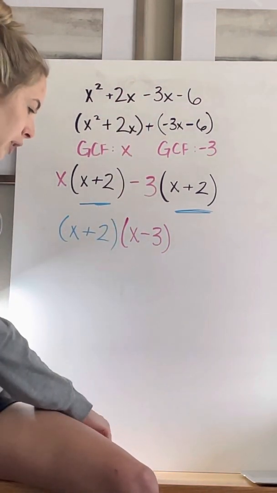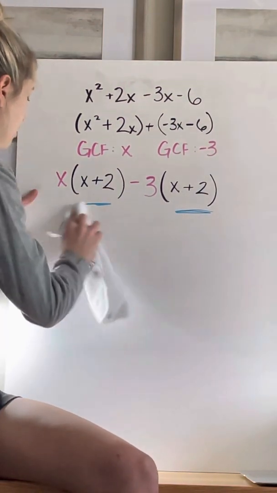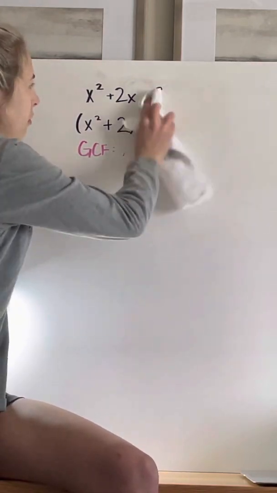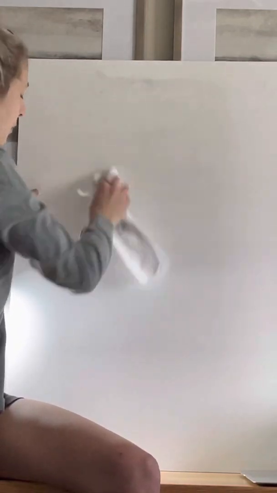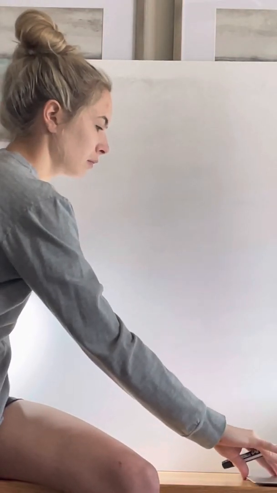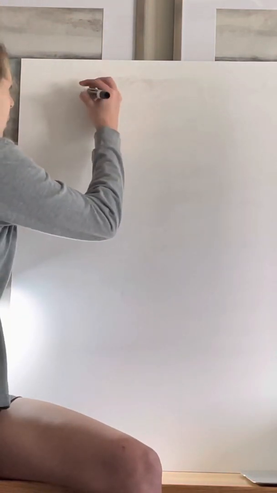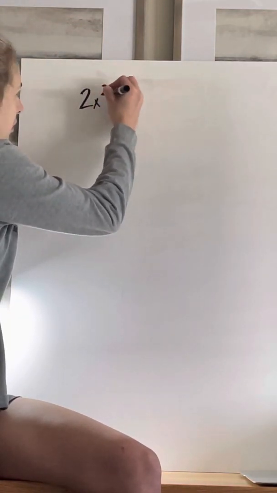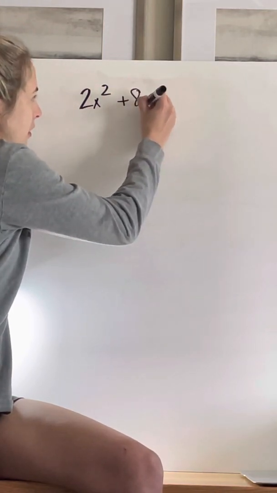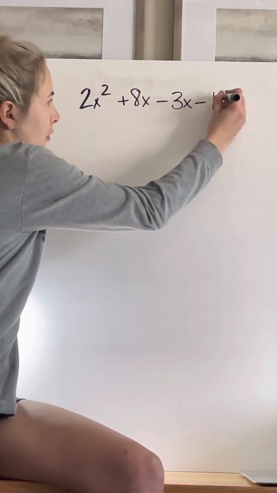Okay, we're going to do one more example with negatives. Okay, so in this one, we're going to have the expression of 2x squared plus 8x minus 3x minus 12.